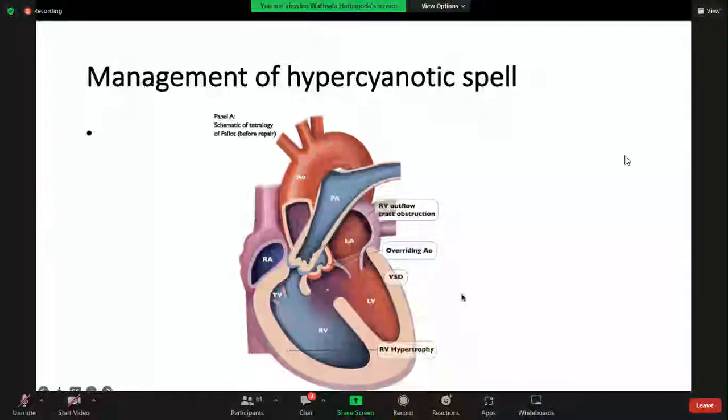But what do you call a hypercyanotic spell? In some instances, usually these episodes happen in the early morning, when they are upset after a crying episode.